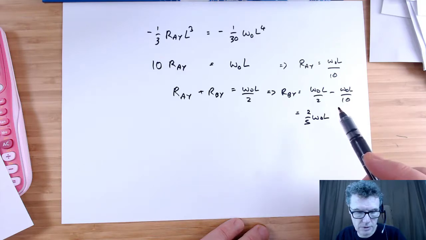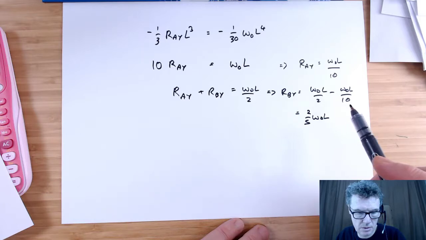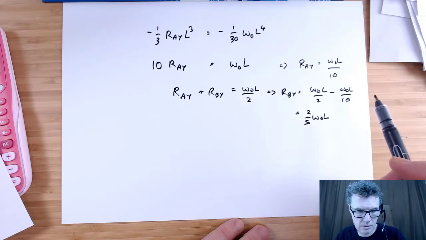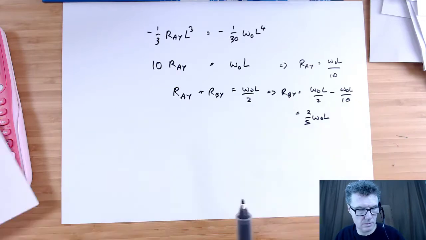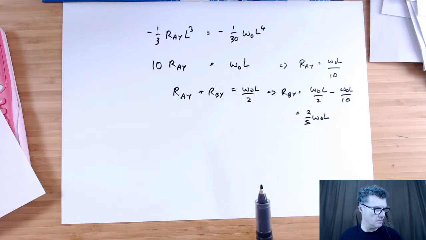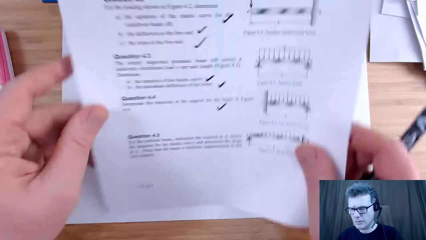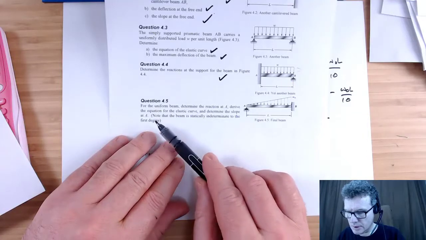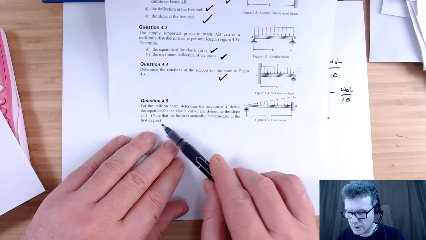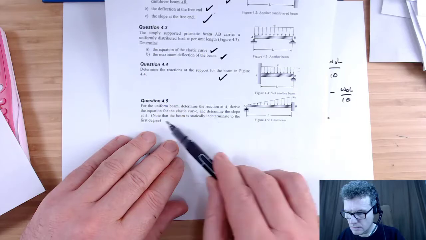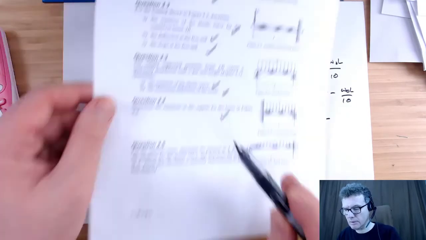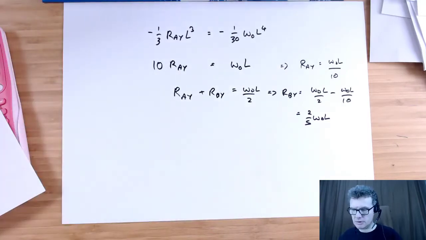Was I required to find RB? Derive the equation to determine the slope at A. Determine the reaction at A. Okay, well I wasn't supposed to find that one.